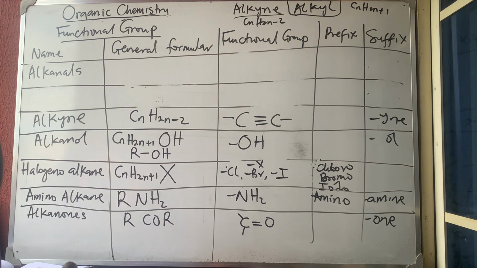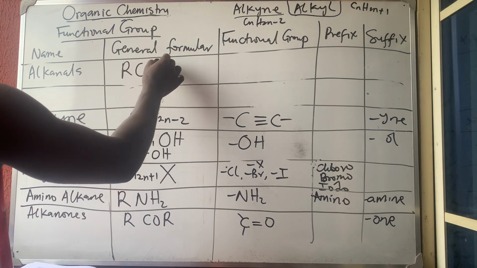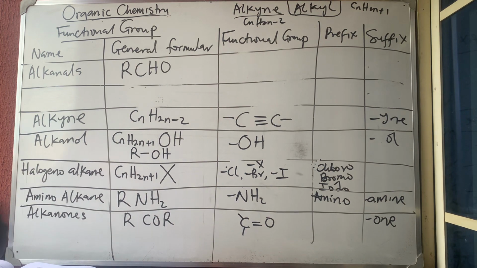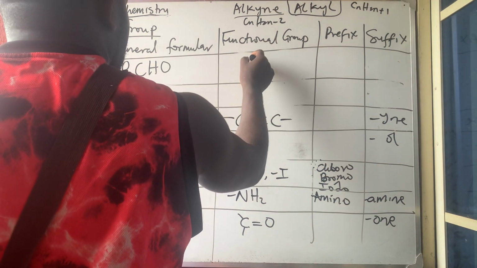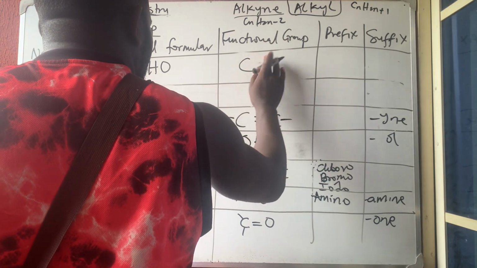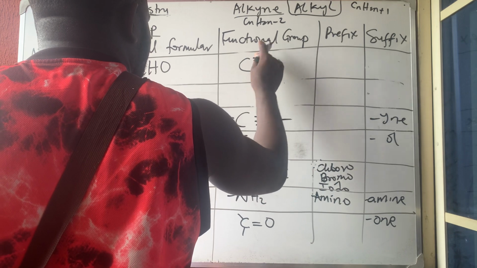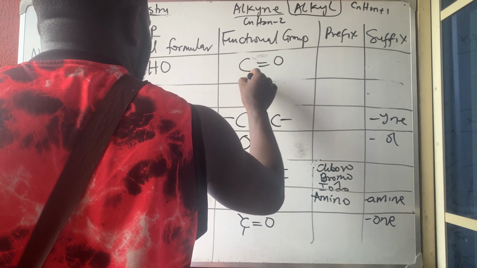So we use RCHO, as simple as that. So it's going to be C double bond O, then one bond H.